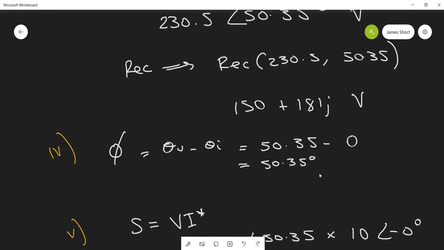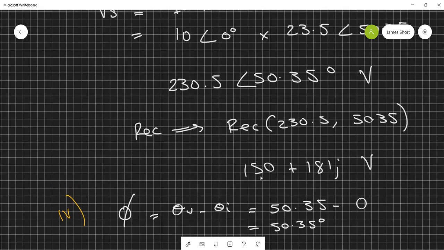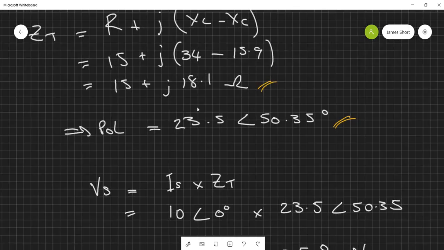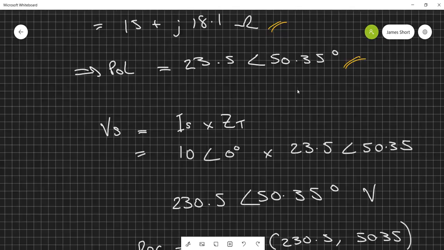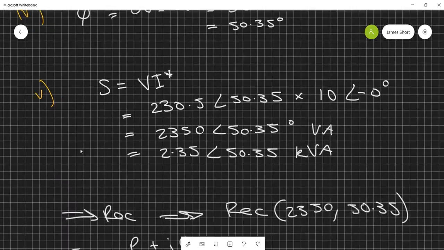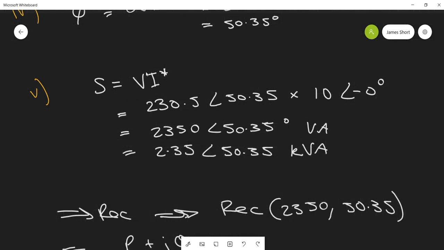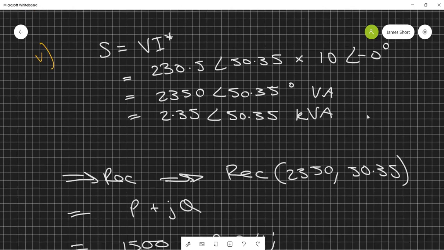We know the phase angle there, which is exactly the same as the impedance angle here. And then from that we can calculate the apparent power. The conjugate here, because we've taken our supply current at 0 as our reference, doesn't really make sense here because it's 0 anyway. So the negative 0 is just 0.